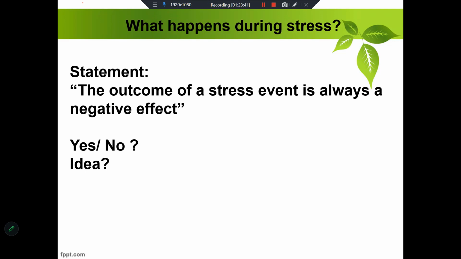For example, let's assume that as a response to a drought, the plant produces a lot of roots. Those roots can go all the way down to the water table and acquire more water. That will be helpful for the plant, no matter whether there is a drought event in future or not. So it is not always a negative effect. There can be positive effects too. So you are correct.